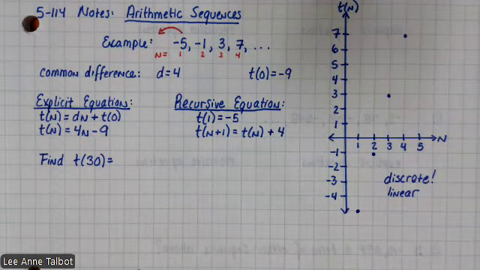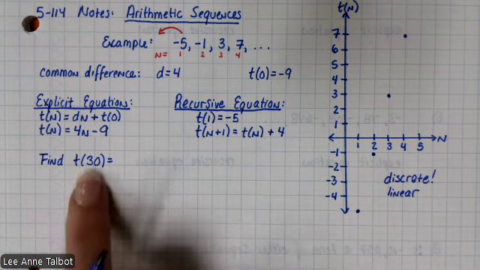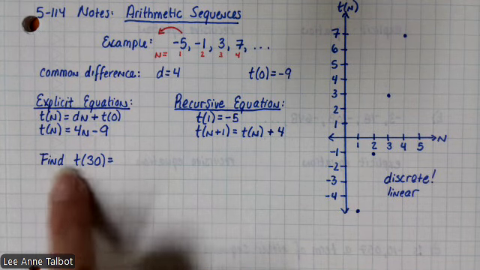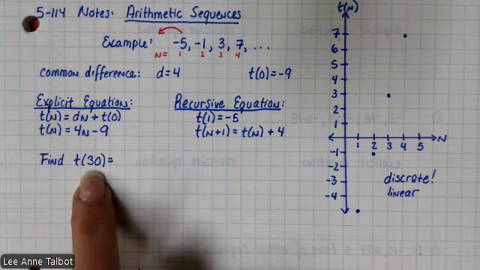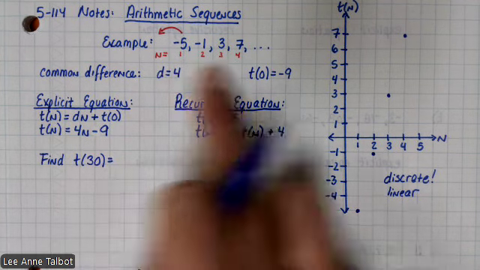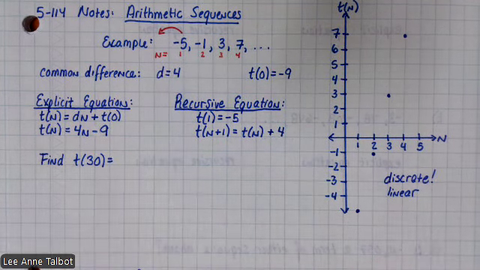We're going to do 2 more things with this, and then we'll move on to geometric. Does anybody know what, in words, this is asking? What question is this asking in words? Sam? Find term 30, which means if we translate that to teenager, find the 30th number out, right?